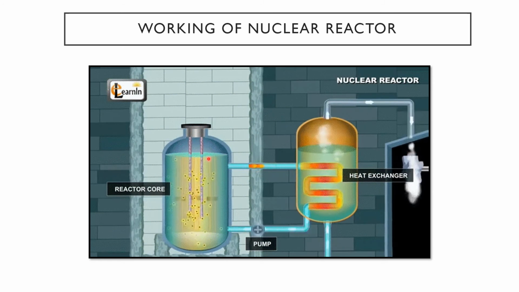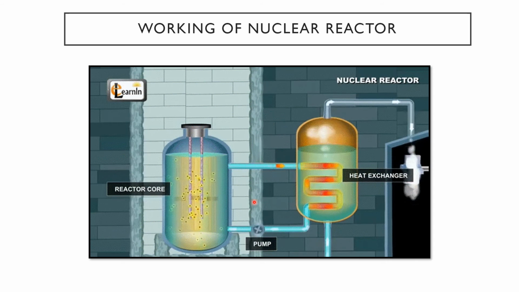So this heated water in the core reactor flows into the heat exchanger through the metallic pipes. The metallic pipes conduct heat from the heated water of the core reactor, which makes the water in the heat exchanger also get heated up and change to steam at very high pressure. The steam is then used to rotate the turbine, in turn driving the generator to produce electricity.